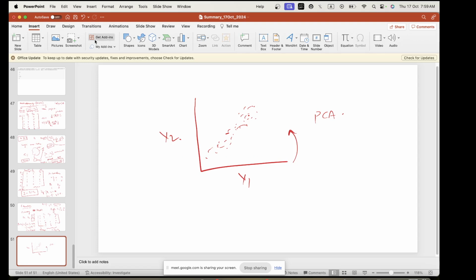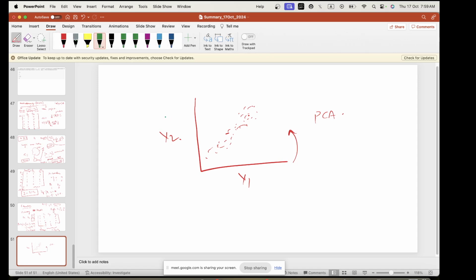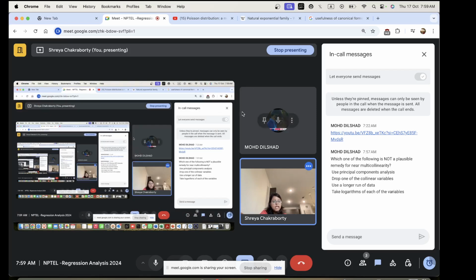So ultimately you are going to have some axis of this sort, where this would be PC1 and this would be PC2, and the angle between them would be 90 degrees, which means that they are orthogonal and independent of each other. So principal components is one way which removes multicollinearity in the data.